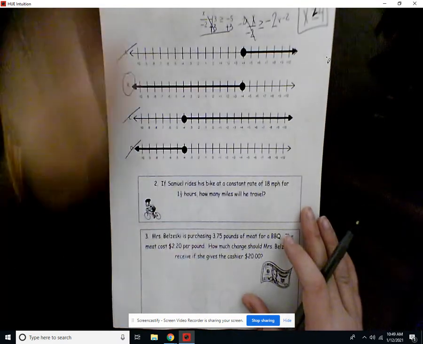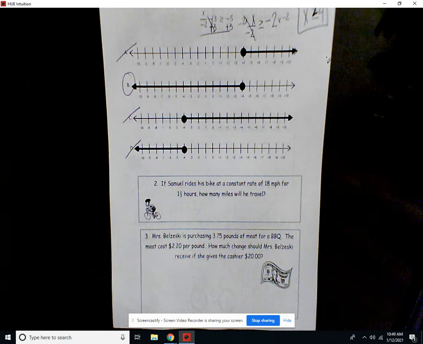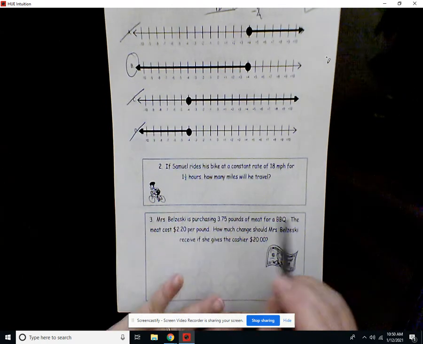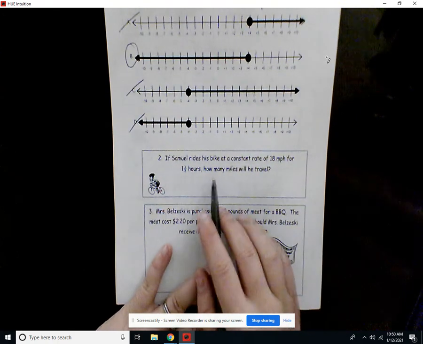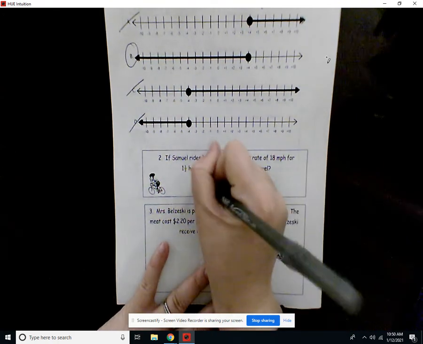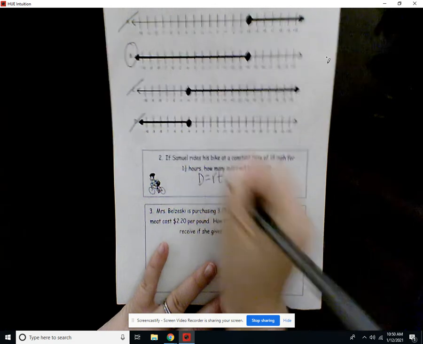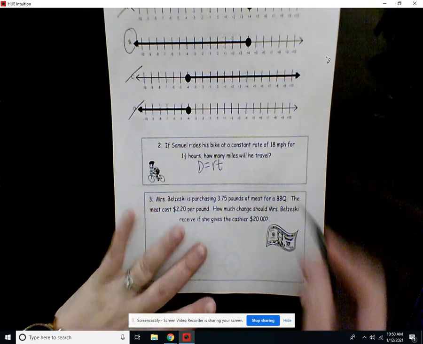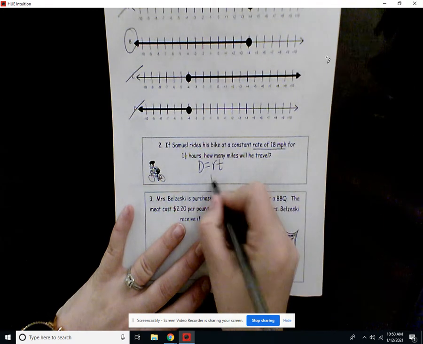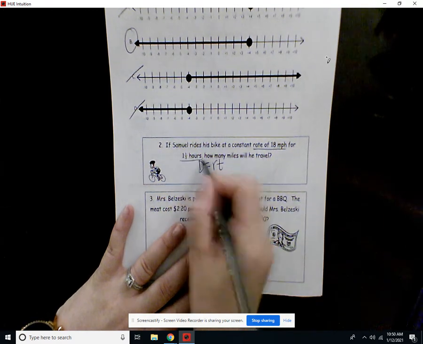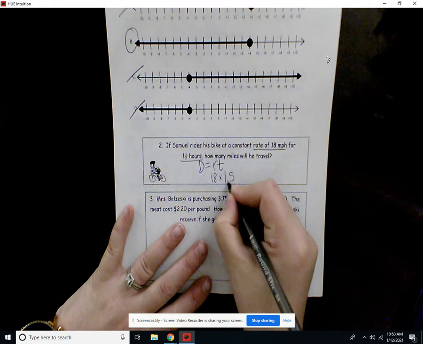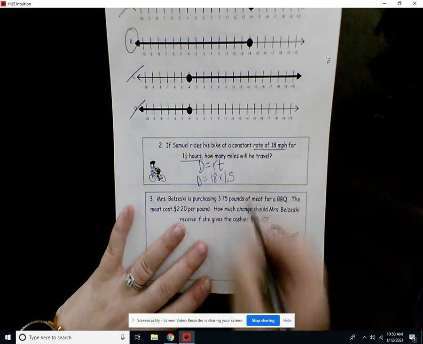All right, number 2, if Samuel rides his bike at a constant rate of 18 miles per hour for 1.5 hours, how many miles will he travel? So this is a distance, rate, and time problem. So D equals RT. This is a formula you'll need, and I will give it to you on your test. So your rate is 18, that is your R. 1.5 is your T. We'll change it to a decimal to be 1.5, so we're looking for our distance.